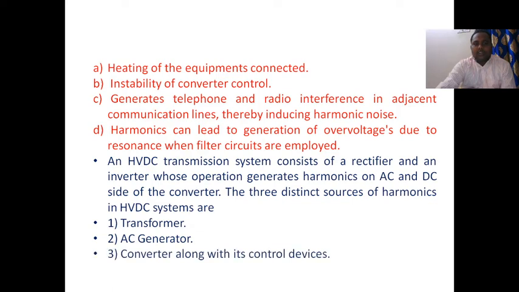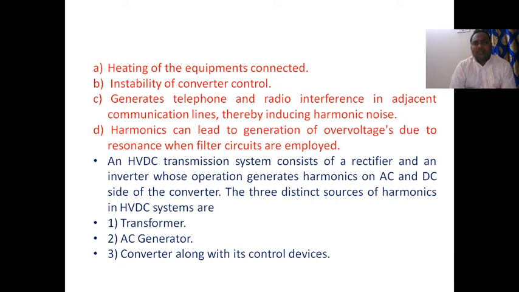Third, the converter along with its control devices. Normally, converters are nothing but rectifiers as well as inverters. Rectifiers and inverters have valves, and valves are nothing but thyristors. The thyristor family, GTOs or IGBTs, is used for valves. So there is misoperation or maloperation of valves.